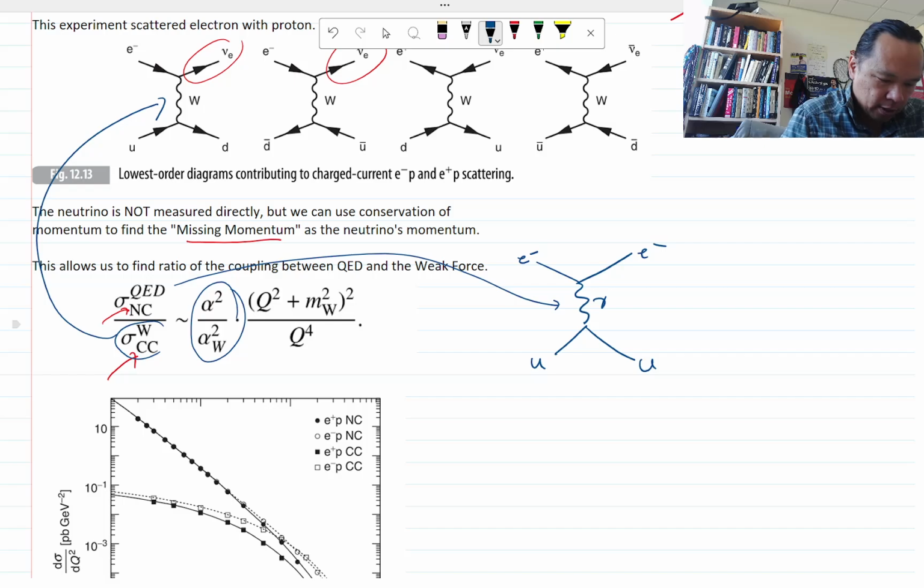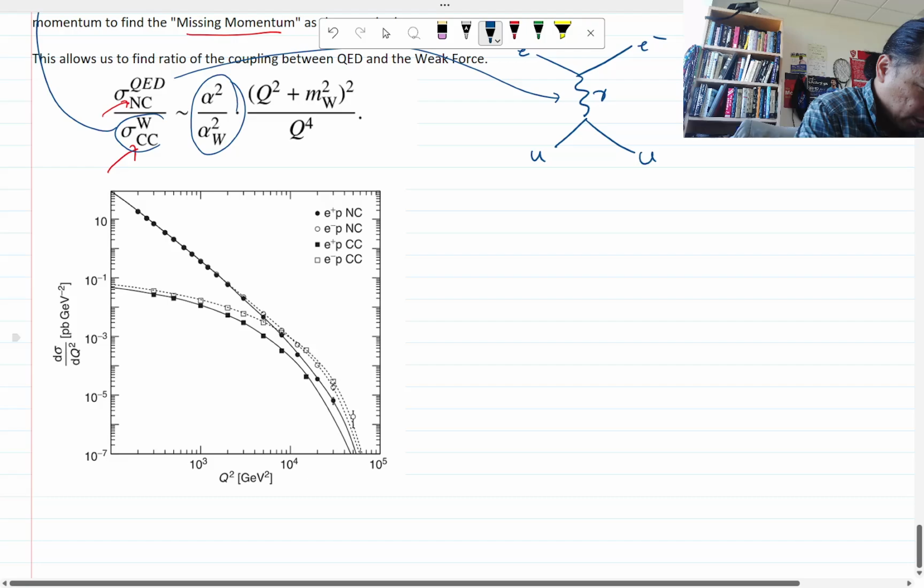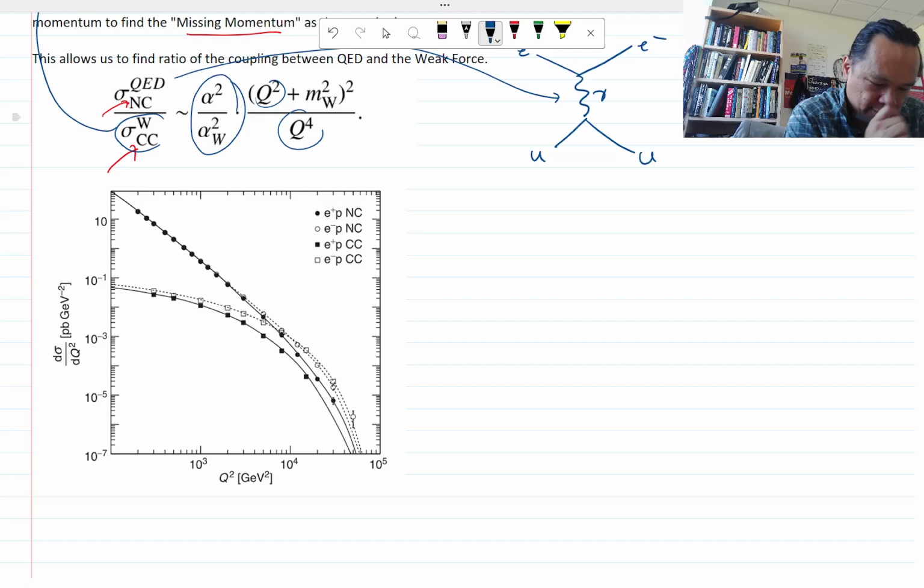What you can do with this is you can actually measure the ratio between the electromagnetic coupling constant and the weak coupling constant. And you can see this here in this data set where we're plotting d sigma dQ. So basically you're taking a differential of this, and then you're plotting this dependency here. You can see that for the circles, which are these guys, this is the coupling through the neutral current through quantum electrodynamics.